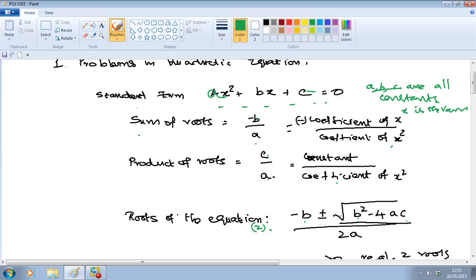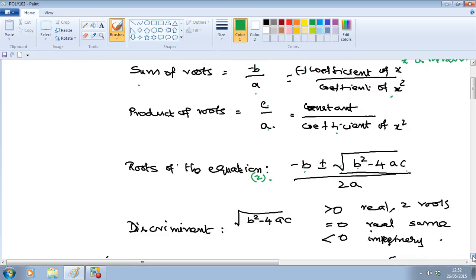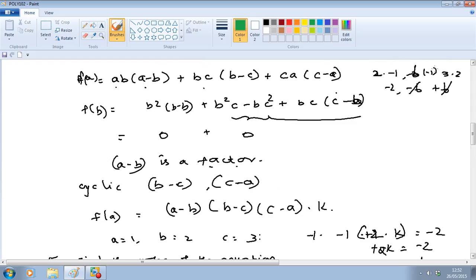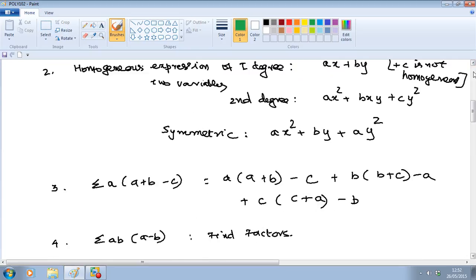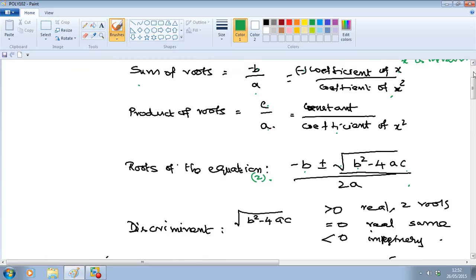So why are there two factors? Because it is x². We have got two factors. The first factor is minus b minus the root of b² − 4ac, divided by 2a.